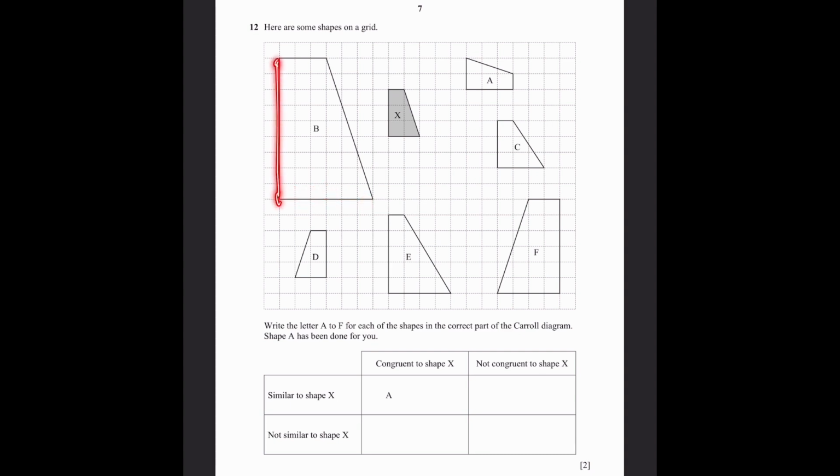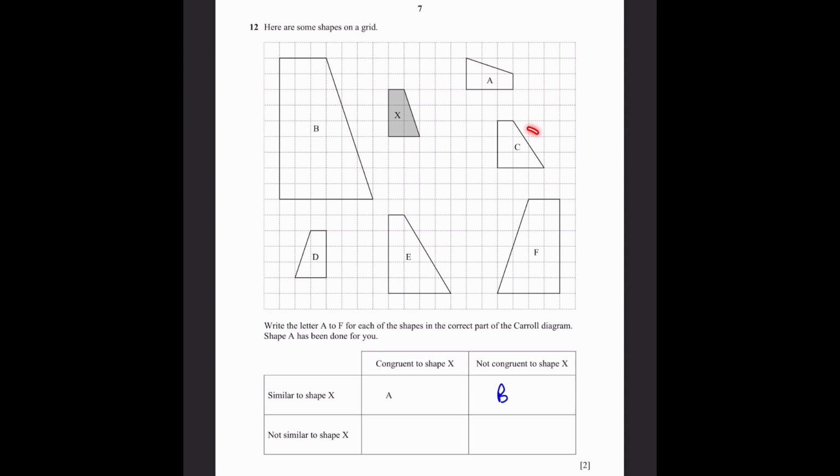This full length is 9, so multiply it by 3 as well, because 3 times 3 is 9 and 2 times 3 is 6. This is an enlargement of scale factor 3 of X. That's why it's similar to shape X. It's not congruent, but it's similar.